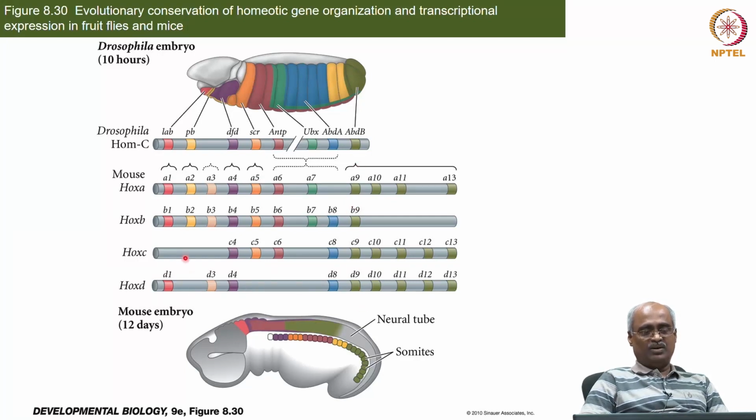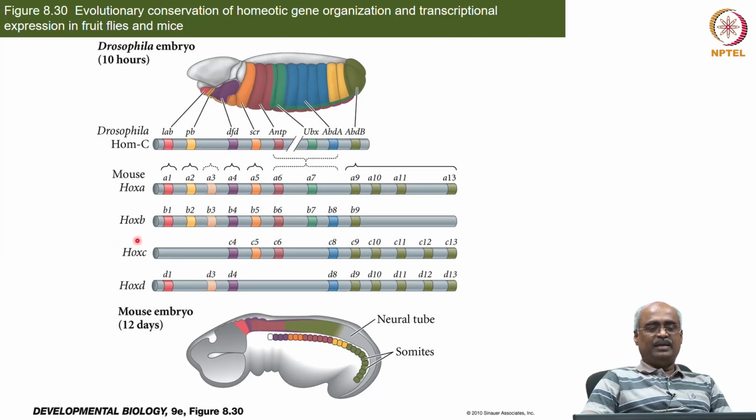For some of them you have 4, some you have 3, and for some you have only 2. Okay, so it depends on the duplication events and the loss of the duplicates during the course of evolution. So for some of them you have 4 and some of them you have only 2 and so on. Okay. Yeah, I do not see any with only 1 copy. So for every one of them you have at least 2.